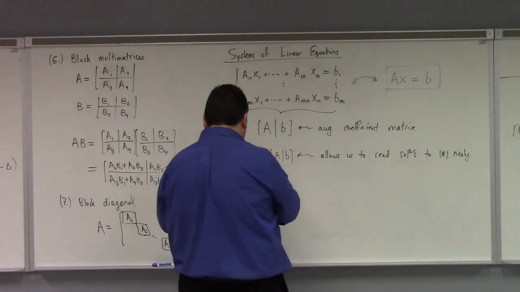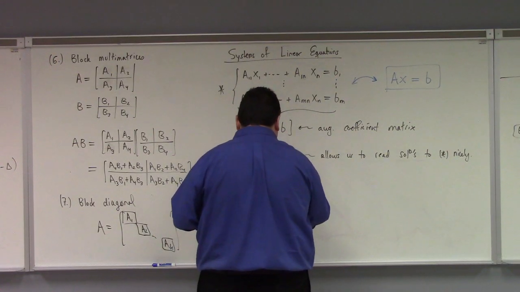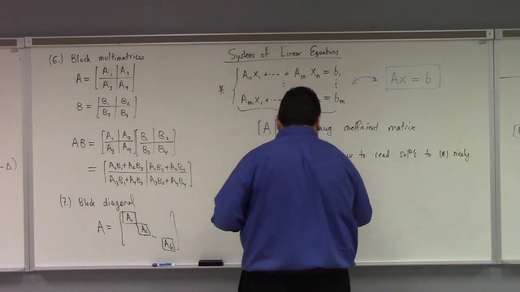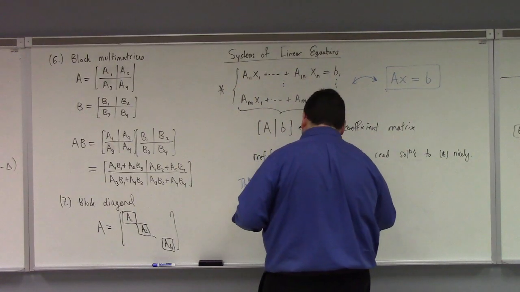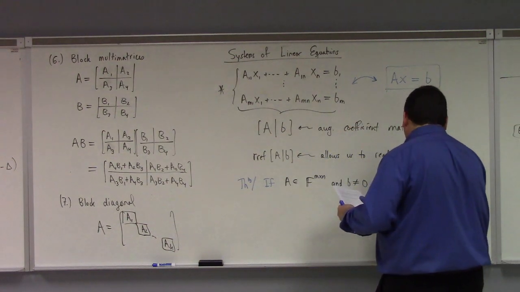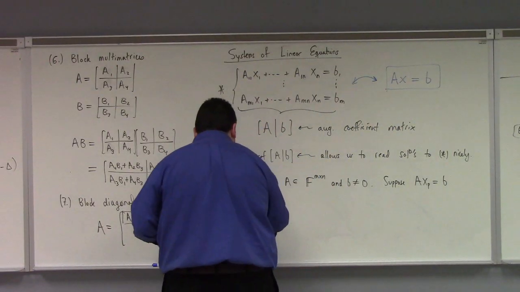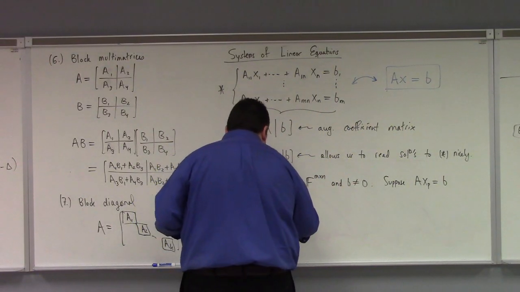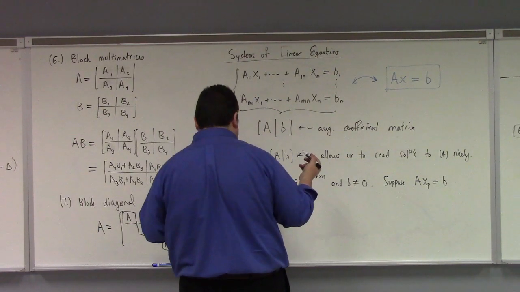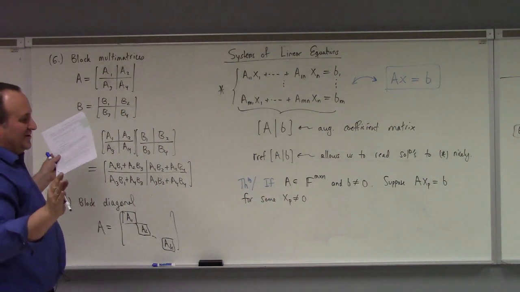So if A is an element of F^(m by n), and b is not equal to 0, suppose A x_p is equal to b for some x_p. Well, I think that may not be necessary.